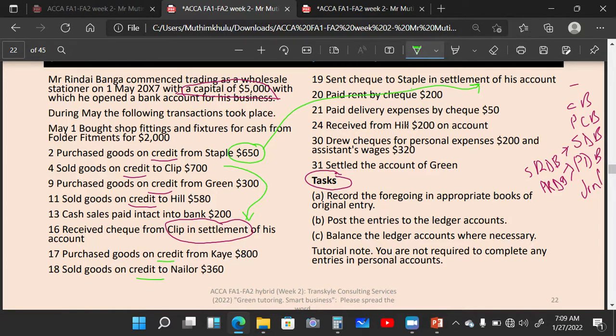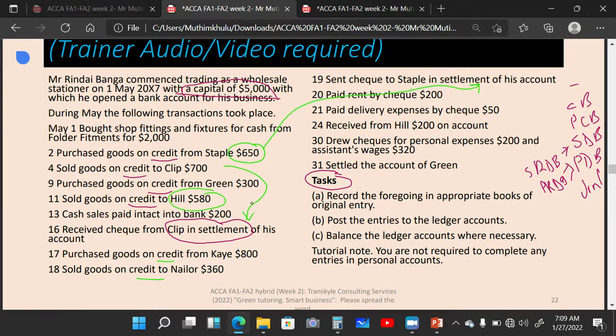Then received from Hugh, 200 on account, 200 bucks on account. From Hugh we had sold goods worth 580 on credit, but we only received 200. Doesn't matter, we have to record the 200 bucks.